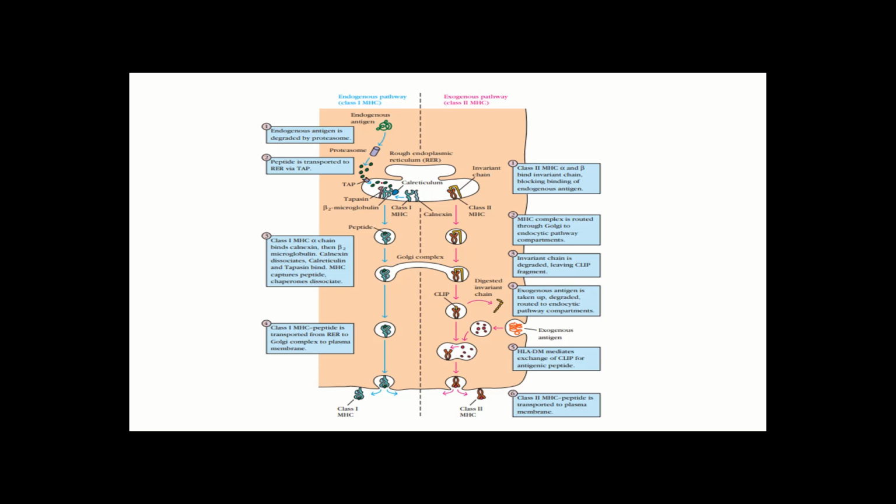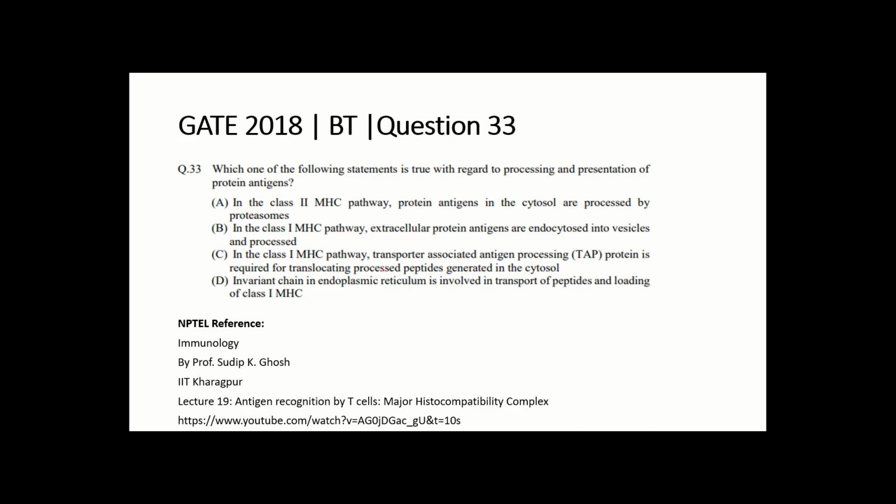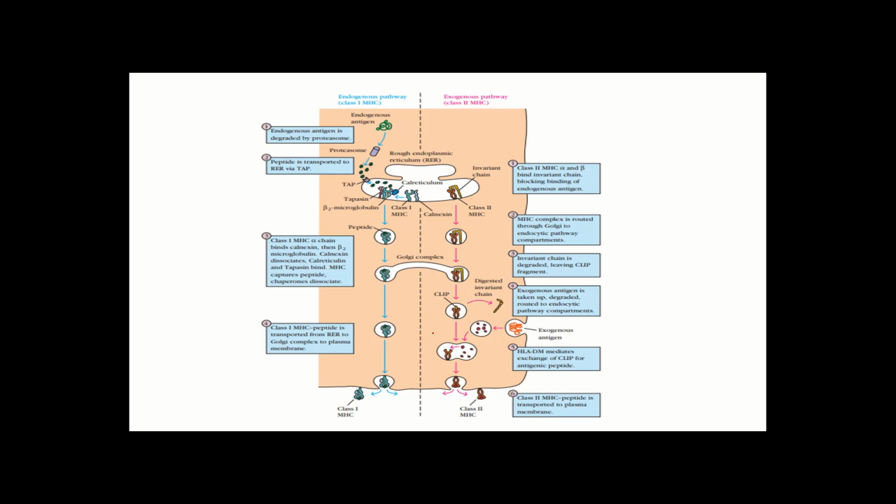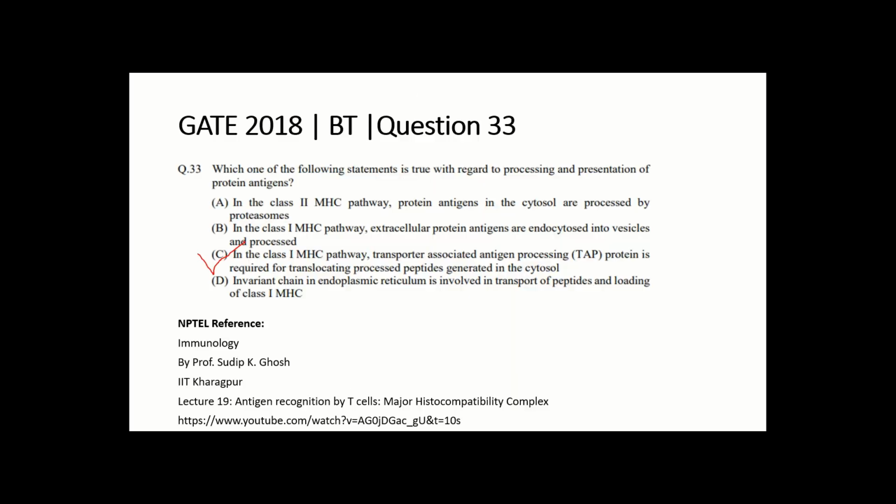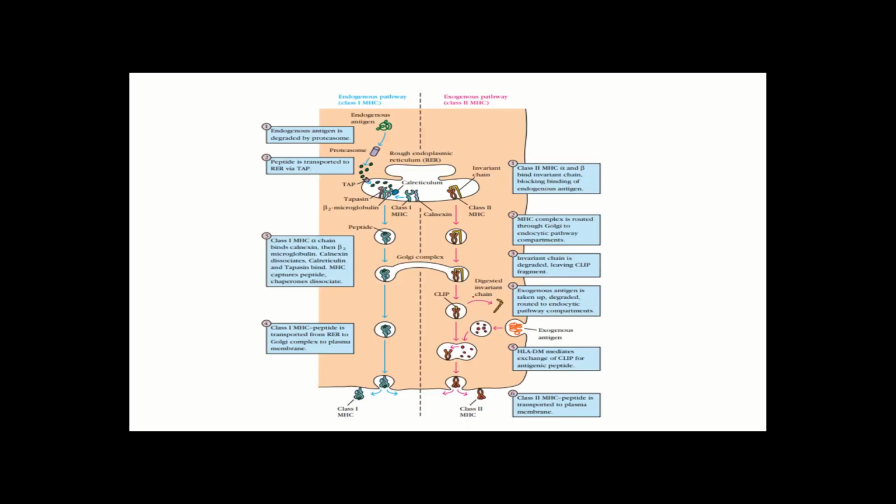So in the class 1 MHC pathway, the TAP protein is required for translocation of processed peptides generated in the cytosol. This is the correct option. So C is correct. Option D: invariant chain in the endoplasmic reticulum is involved in the transport of peptide and loading of class 1 MHC. Again, this is the case of class 2, because in the class 2 MHC pathway, MHC class 2 is bound with the invariant chain.